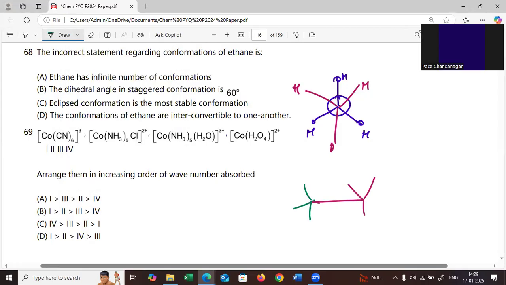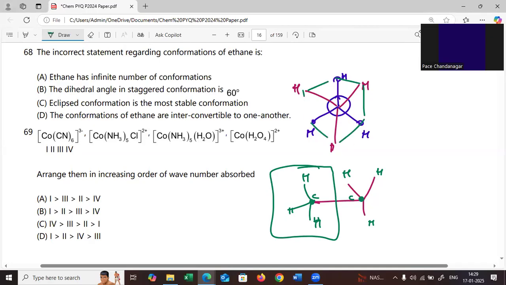So this is like ethane: one carbon, another carbon, and three hydrogens on each of them. Now when one set, the backward set, is rotating, they come into this hexagonal pattern of arrangement, right? This one is called your staggered, and staggered is the most stable.